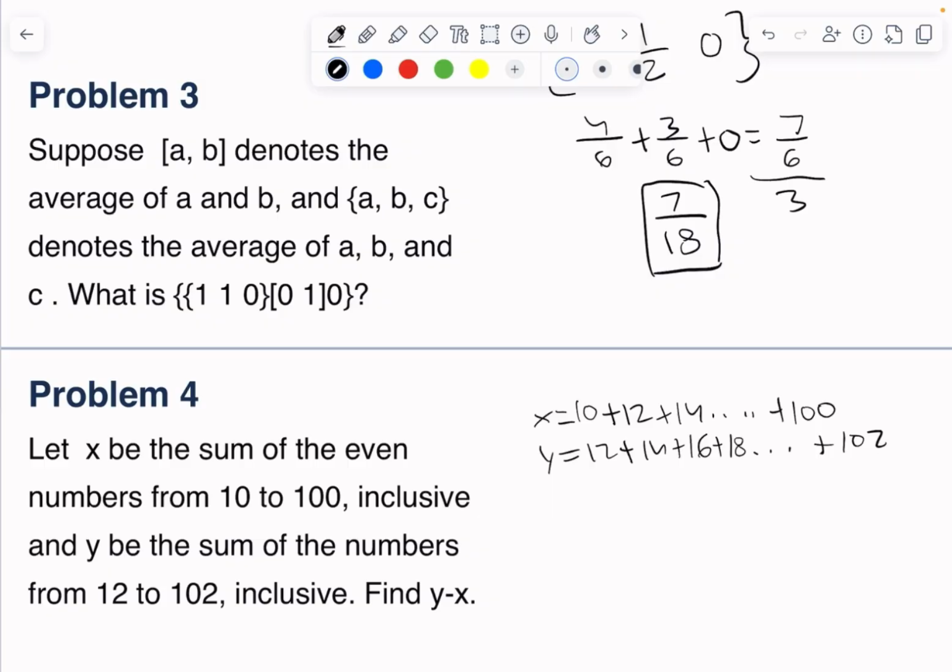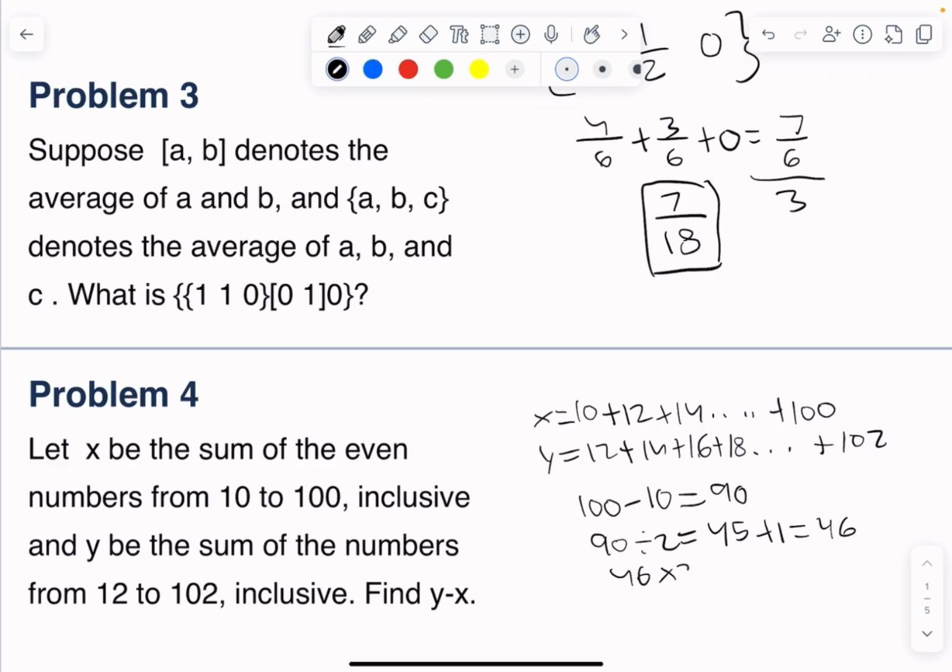So to find the number of elements in x, that's 100, the last element, minus the first element, which is 10. The difference, we get 90. We divide it by 2 because we're adding 2 each time. And then I add 1 to get 46 elements. Times the 2, the difference equals 92, which is our final answer.